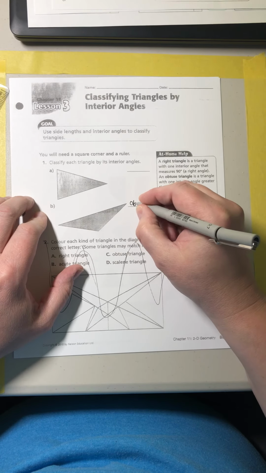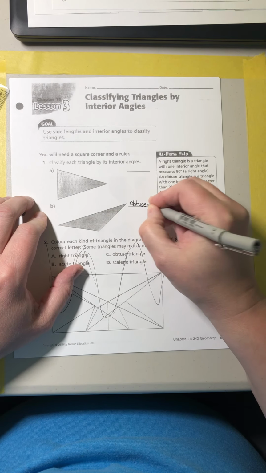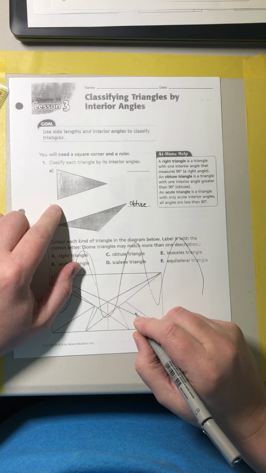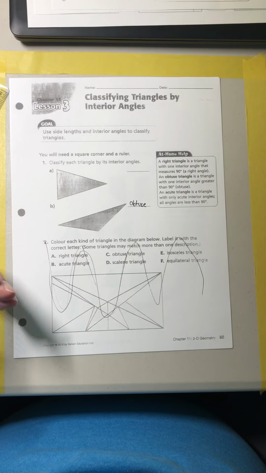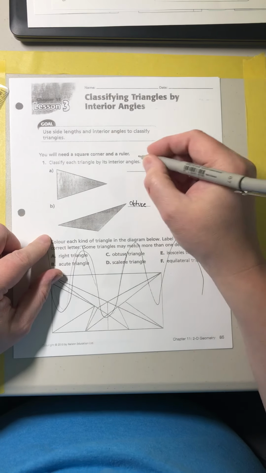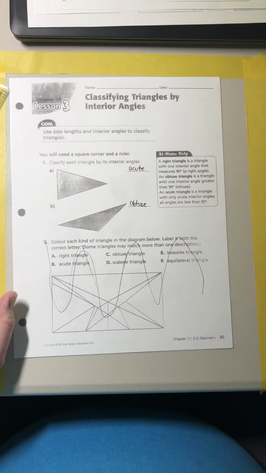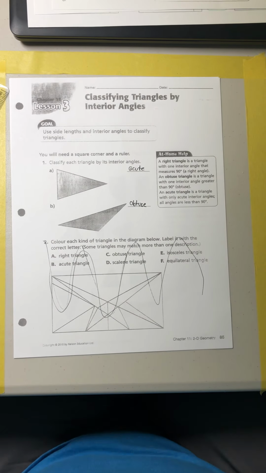So this one is obtuse. And by taking a quick glance at this one, the angles are all smaller than 90 degrees, making this one an acute triangle.